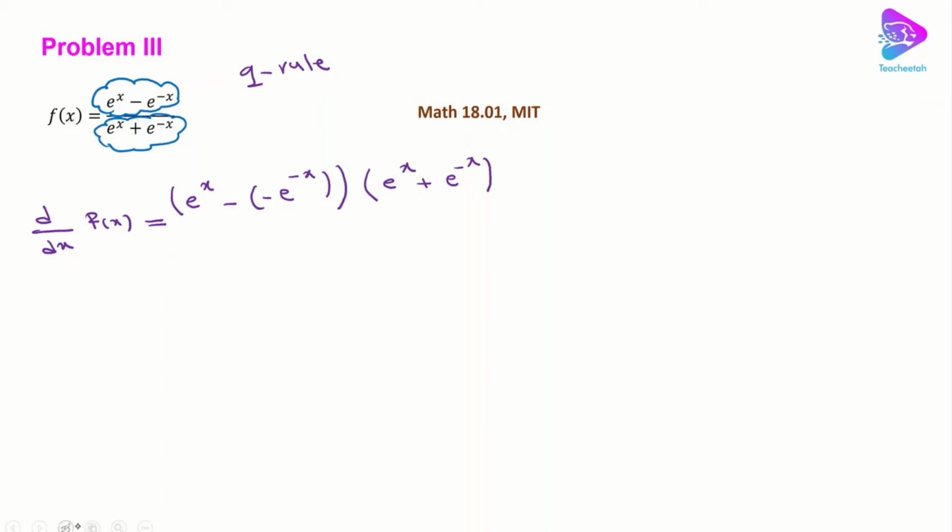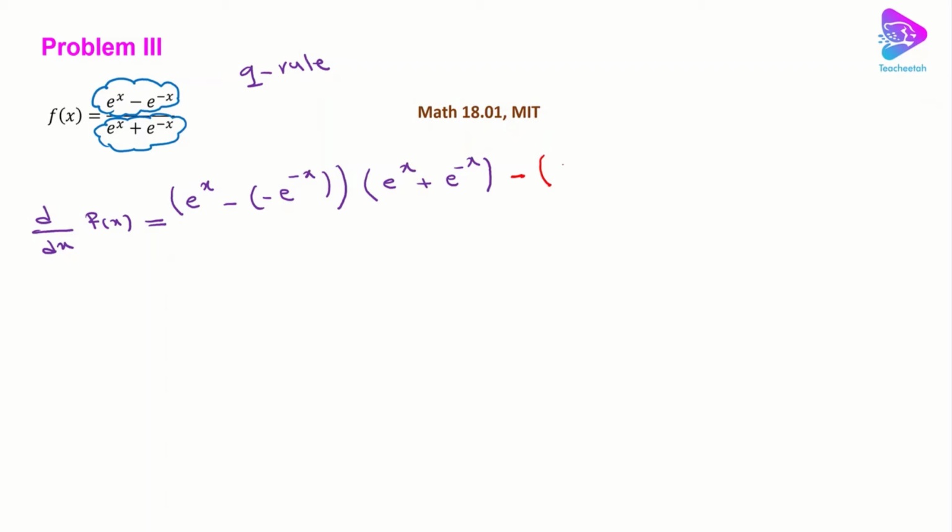And now let's look at the other term that we have, which is the bottom part, and we need to take the derivative of the bottom now. Minus, and for this case here, we have e to the power of x plus e to the power of minus x. The only difference is the negative sign in between.